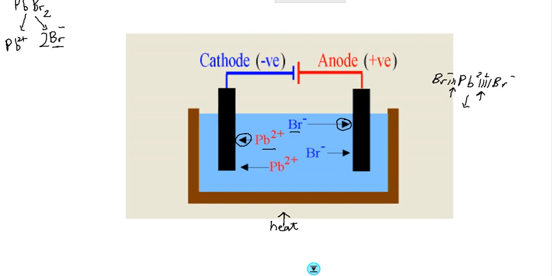Now, lead bromide doesn't dissolve in water, but some ionic compounds, if we represent them as N and N, so metal ion, which is positive, and non-metal ion, which is negative, when you dissolve them in water, we'll just write aq for aqueous, again the bond breaks and you get separate metal ions and non-metal ions. You just have to adapt your answer to whatever the metal ion and the non-metal ion was.